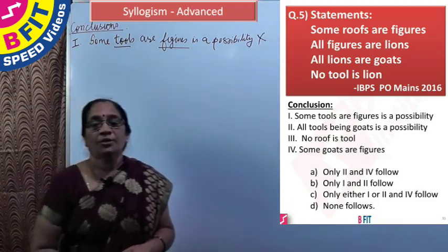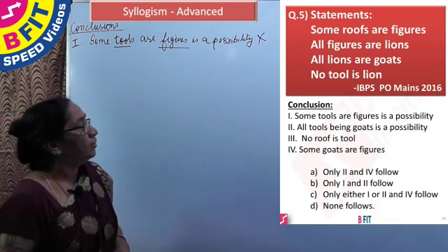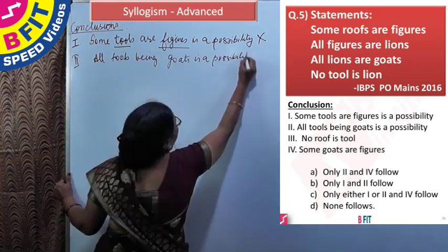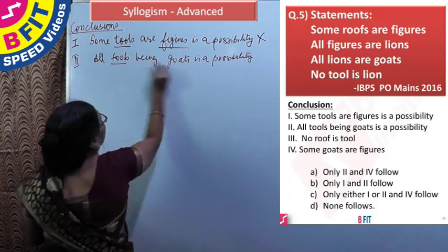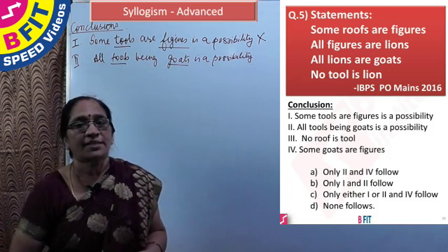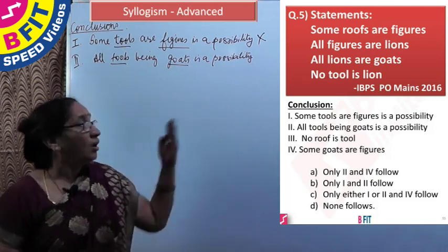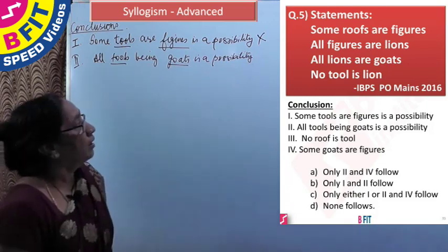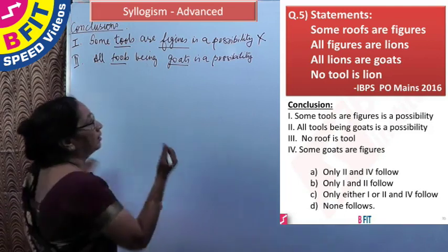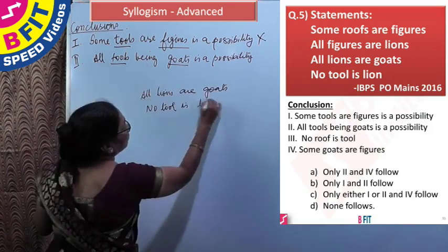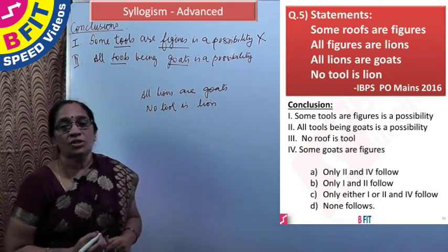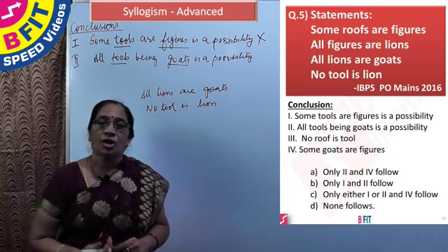Now let us look into the second conclusion. We will have to look into those statements which have tools and goats as the subject and predicate. The third and fourth statements have the terms tools and goats. In these two statements also, we see that the common term is not aligned properly.